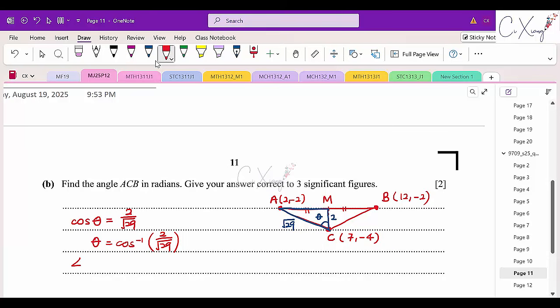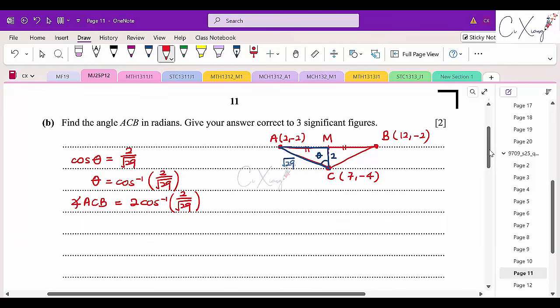And what is the angle ACB? The angle ACB is 2 times theta. So 2 times cos inverse 2 over square root 29. Then we just press the calculator and see what answer we get.